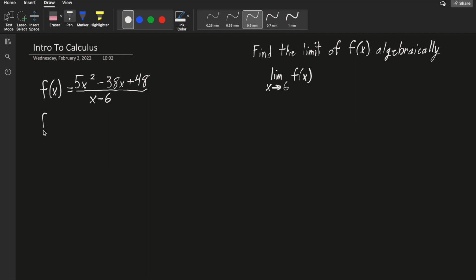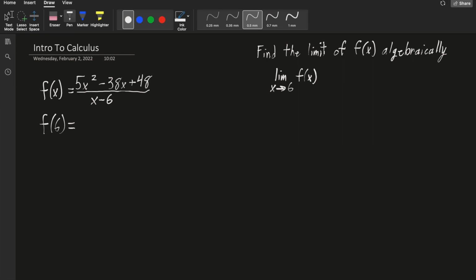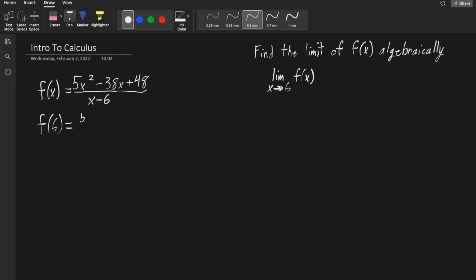So we're going to try f of 6 right now. And that will be, let's see here, 5 times 6 squared minus 38 times 6 plus 48 all over 6 minus 6.